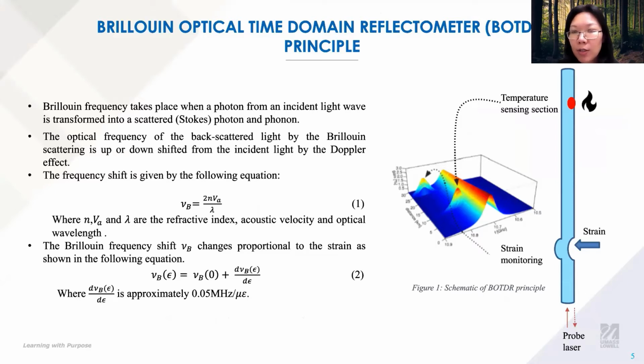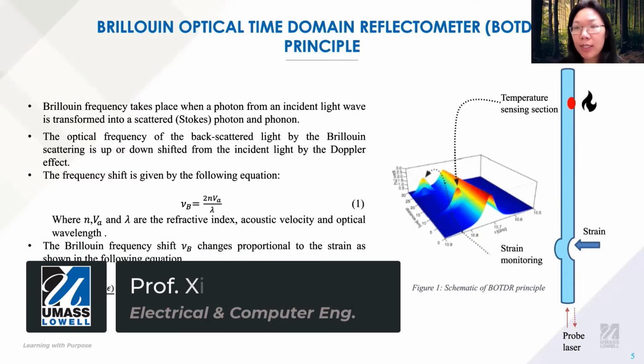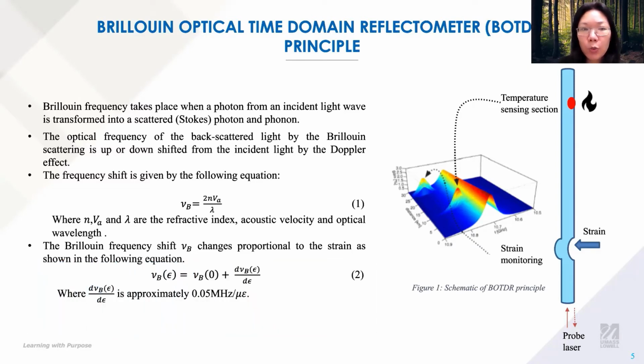As seen in this figure 1, a pulse of laser is shined into this fiber, and the light will be scattered and reflected back to the interrogation system. The photons will be backscattered, and the optical frequency of this backscattered light will be up or down shifted from the incident light by the Doppler effect.